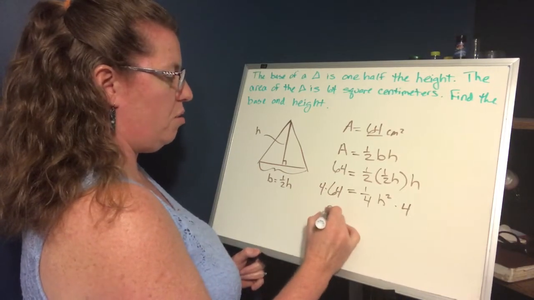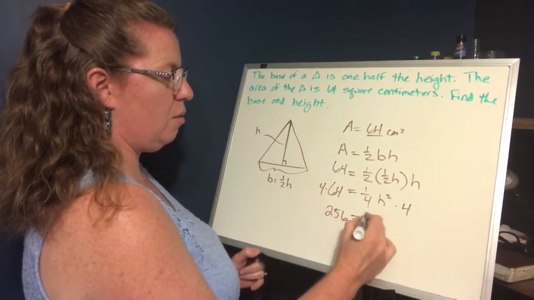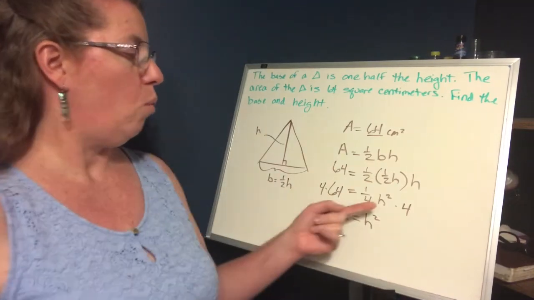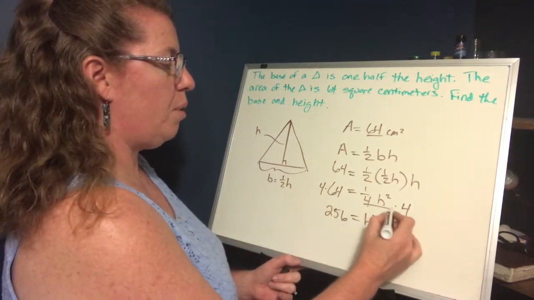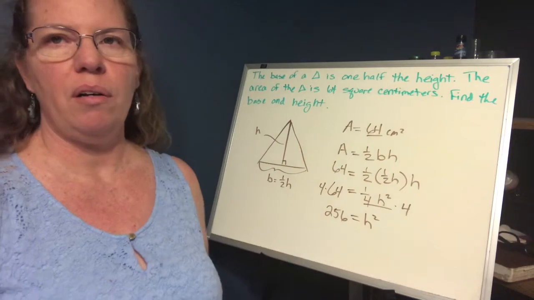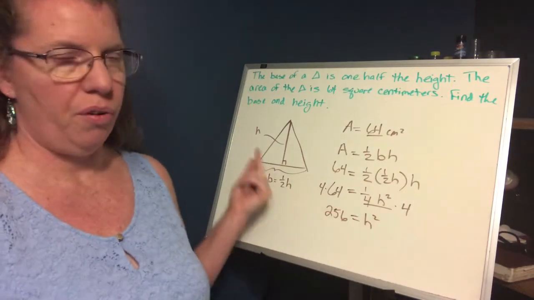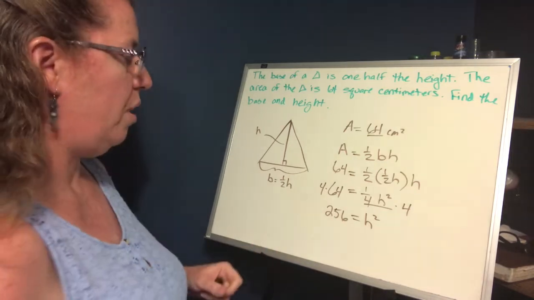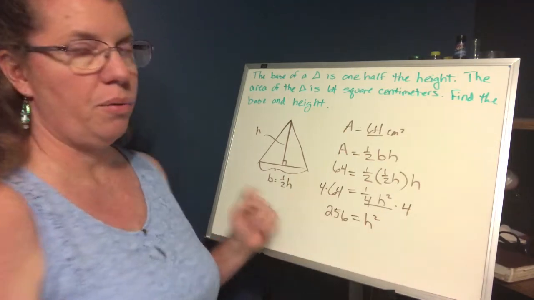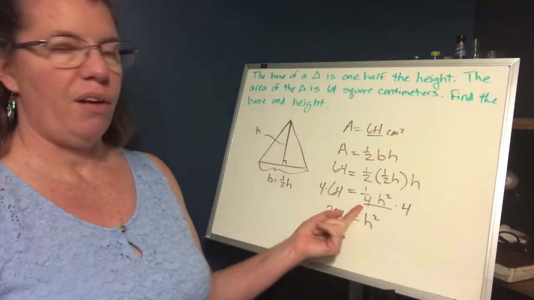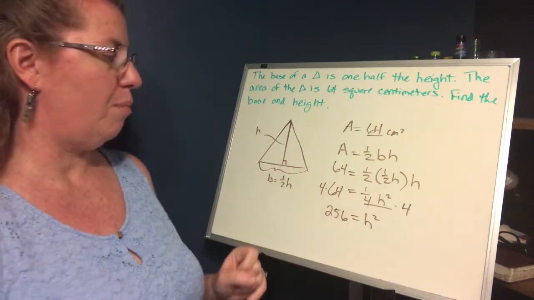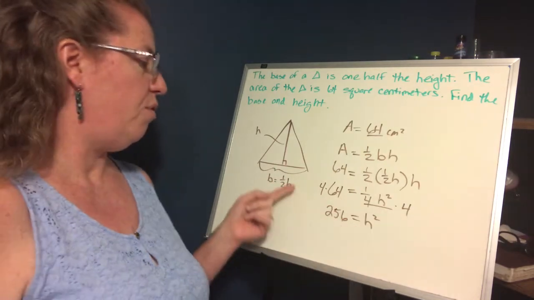And we wind up with 256 equals h squared. One key, whenever you have a number and a variable squared, you cannot square root it until it is by itself. So make sure you get rid of your numbers before you take the square root. Even though you look at that and go, oh, we can take the square root of 64. You got that 1/4 over here. It's not going to be pretty. So go ahead and move the 4 over.